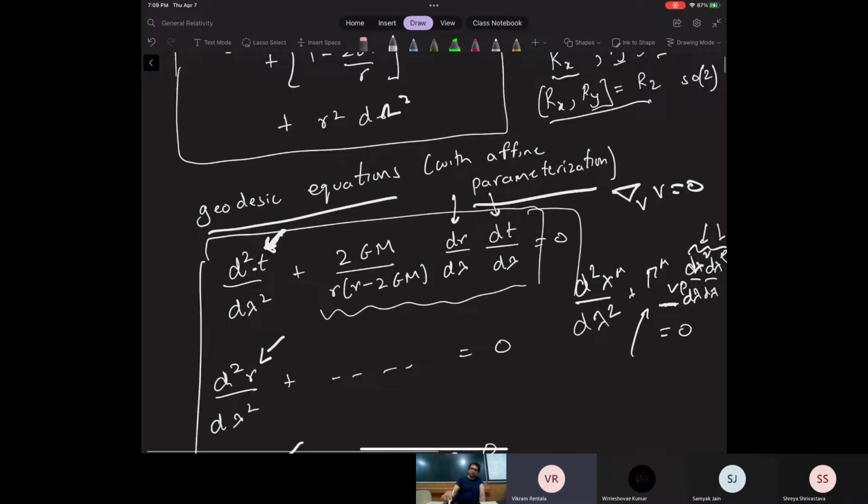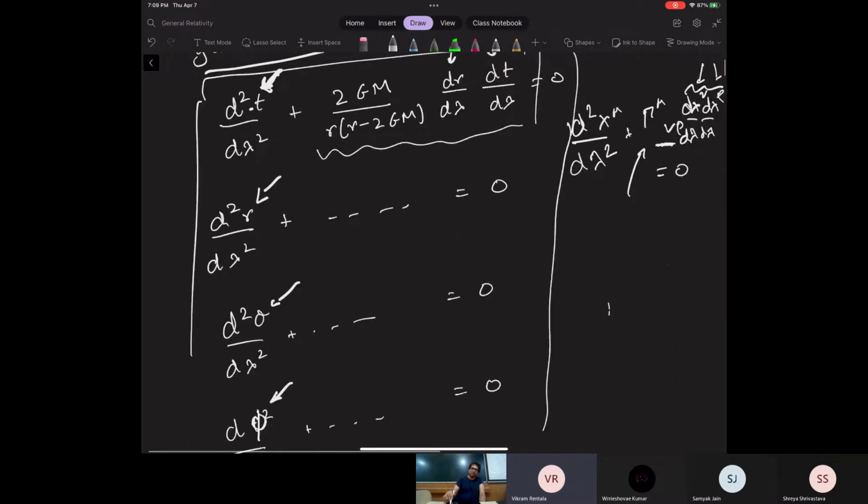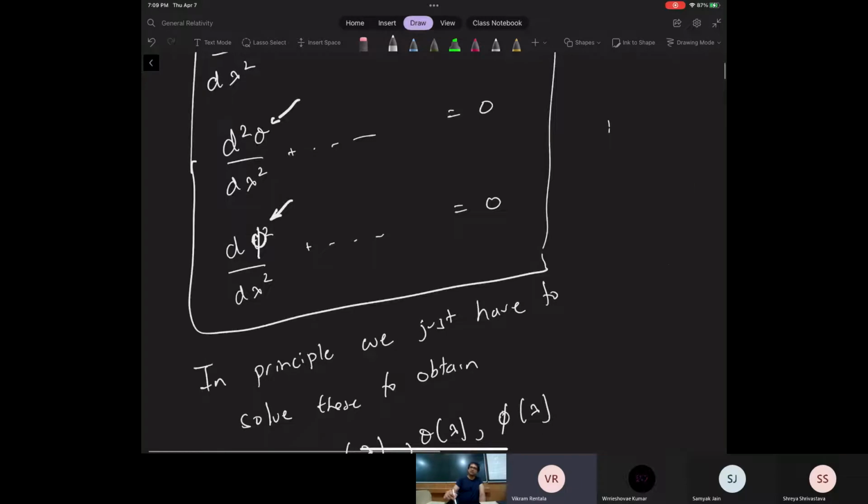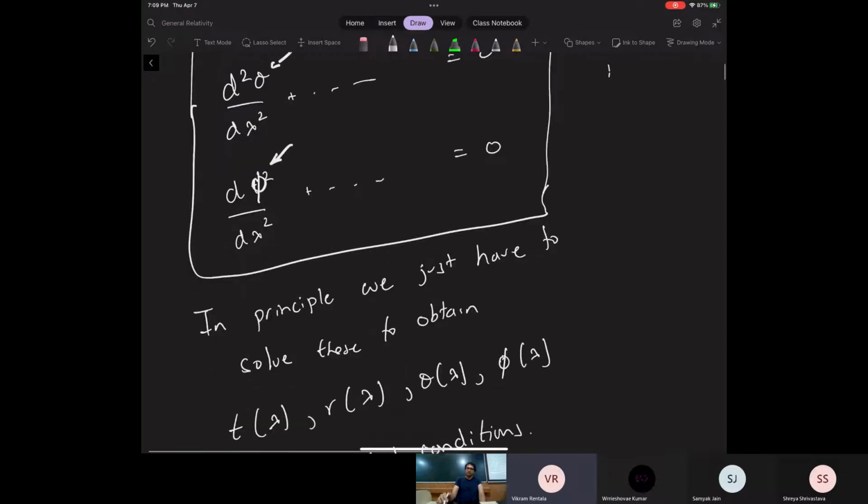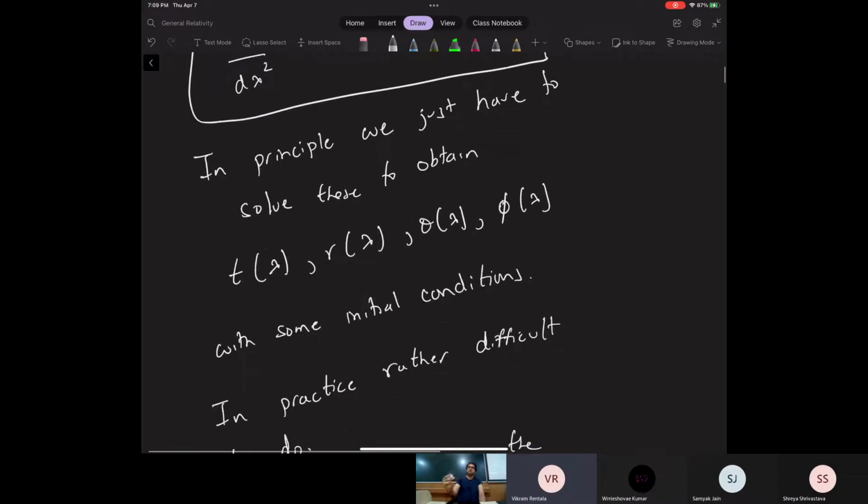And in principle now, if you want to find the trajectories of a particle that is in free fall, that is inertial particles, you just have to solve these geodesic equations. Given some initial conditions, you will obtain t as a function of λ, r as a function of λ, theta as a function of λ, and phi as a function of λ.